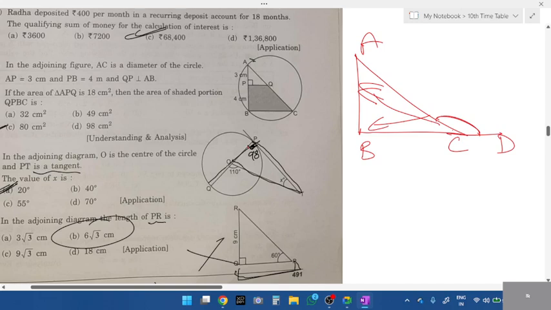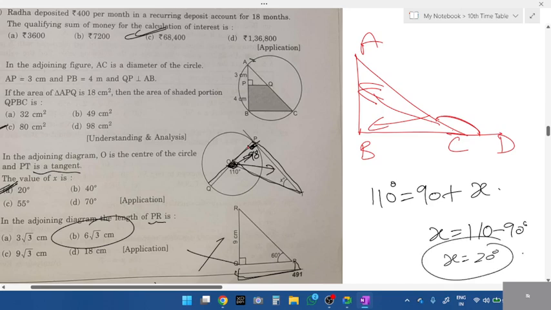Exterior is 110. 110 is equal to the sum of interior opposite, 90 plus X. Therefore, X is equal to 110 minus 90, which is 20 degrees. You don't even need to calculate this if you're thorough with all the concepts. All I used was the tangent concept. If tangent is there, radius makes 90 degrees.